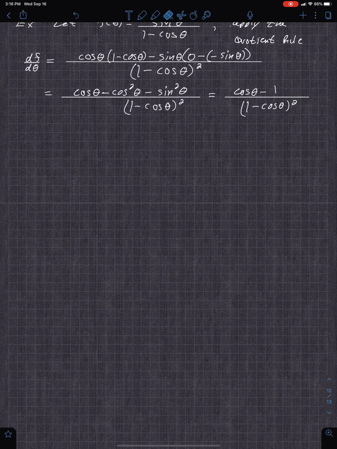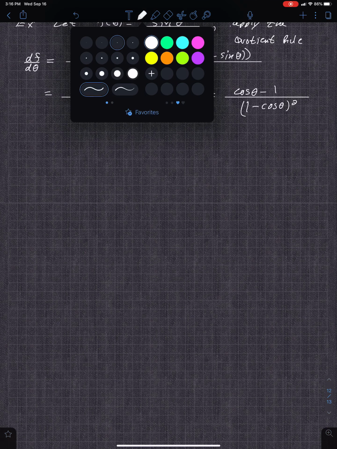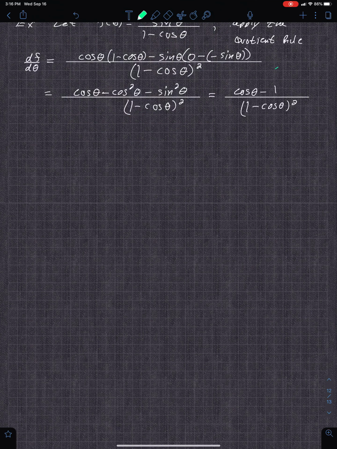That's the Pythagorean identity. So we basically used cosine squared theta plus sine squared theta equal to 1. We use that right here after factoring out the negative 1. Okay, so check that out.